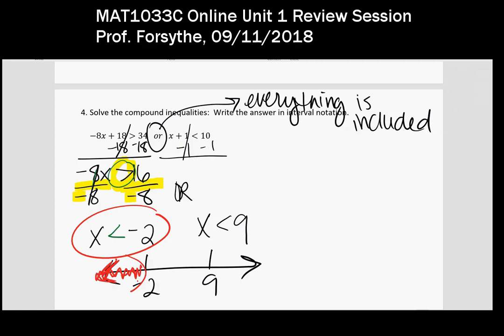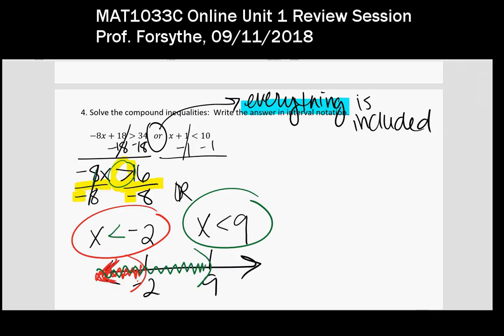Now, the next one. x is less than 9. Everything less than 9 is to the left. And we are not including 9 because it's not equal to, so we're going to use parentheses. So because this is an or inequality, the solution is going to be everything that is shaded.